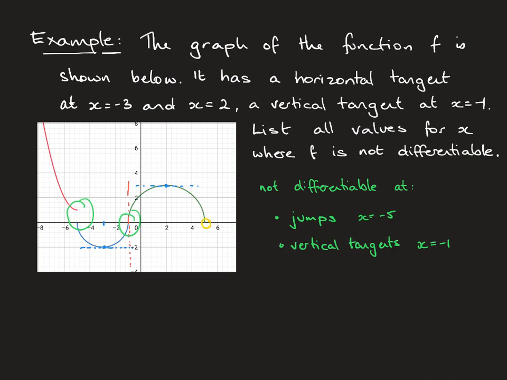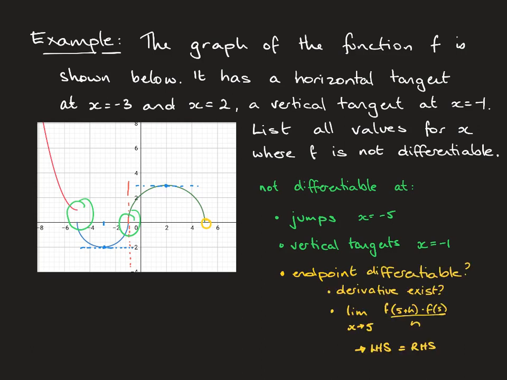Let's talk about whether things are differentiable at an end point. For a function to be differentiable at a particular point, you need the derivative to exist. And for the derivative to exist, you need the limit of the slope to exist. And for the limit of the slope to exist, you need the left-hand slope to be equal to the right-hand slope.